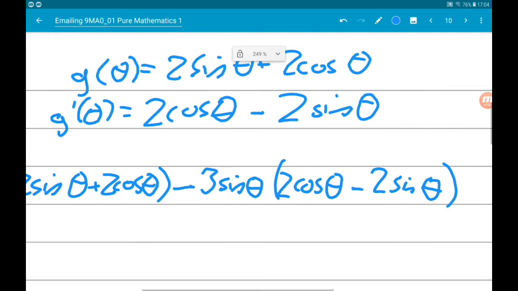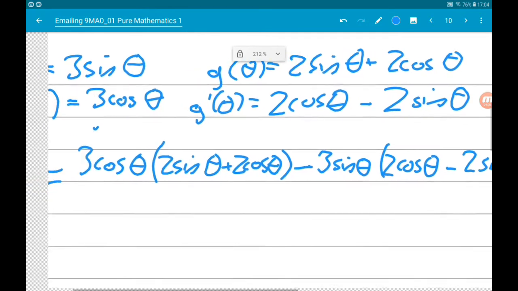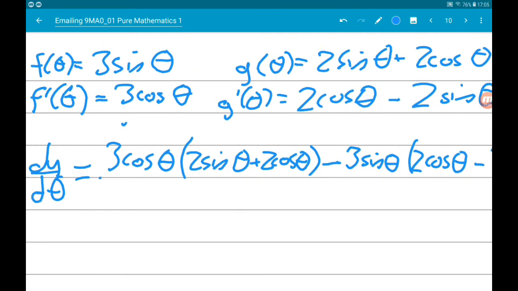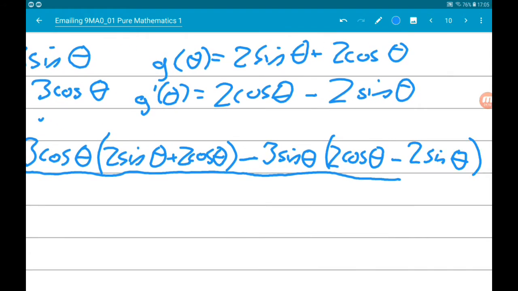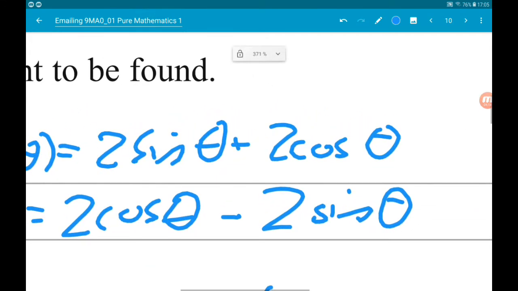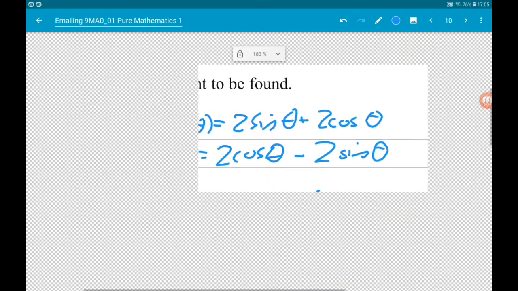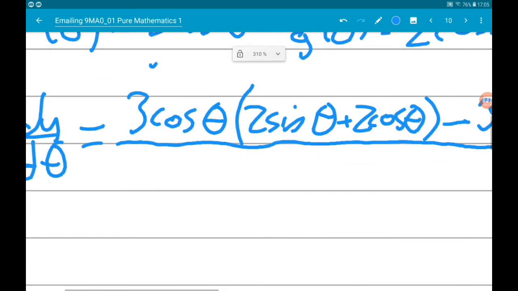So that's what we got up on top. Now on the bottom we get just g squared. So 2 sine add 2 cos all squared.